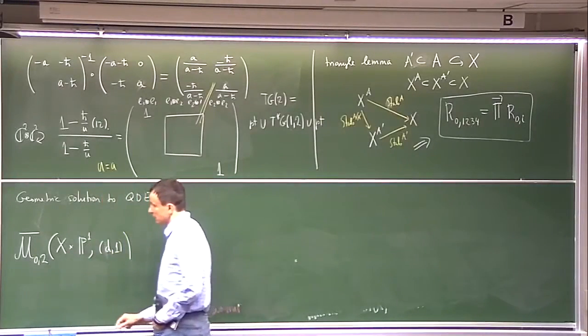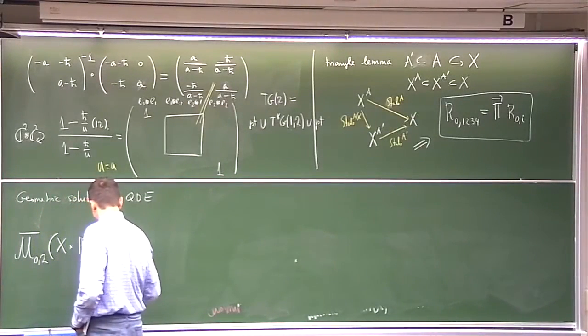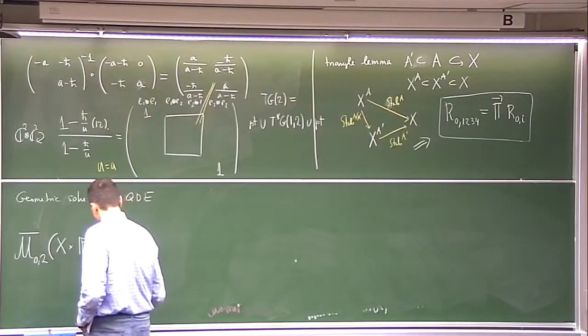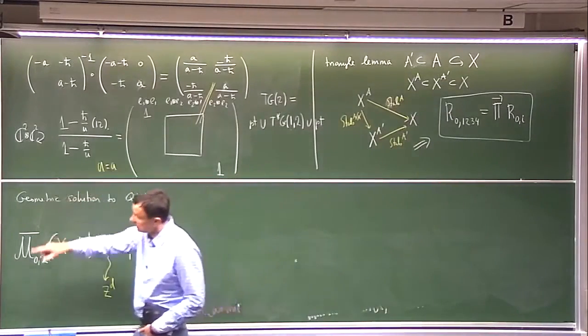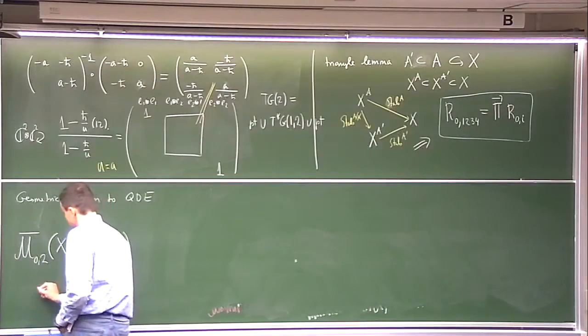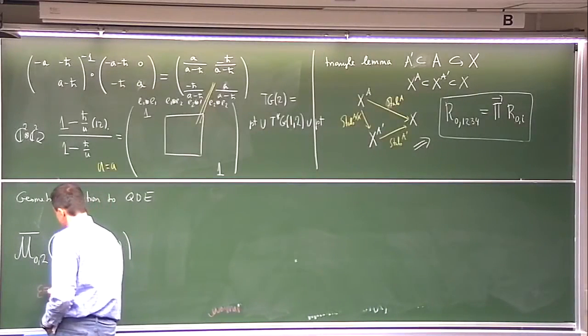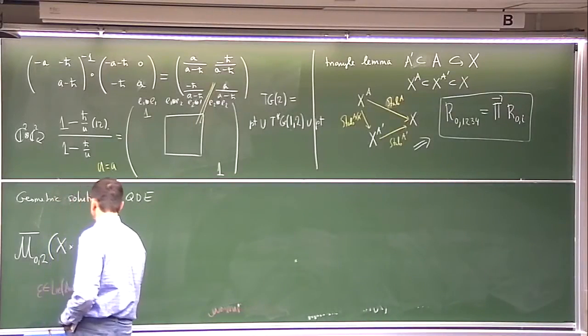Then this degree D will give me weight Z to the D, and this is how I'm going to get a series in D. And the variable epsilon will be the variable that acts on my P1. So epsilon will be an element in the Lie algebra of the automorphisms of P1 that preserve 0 and infinity.